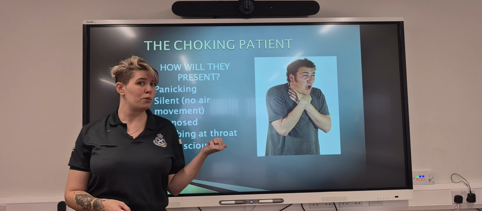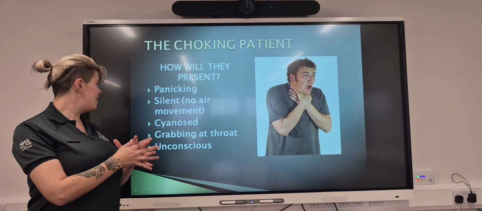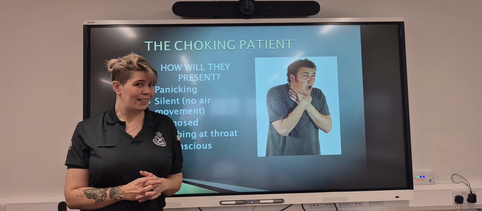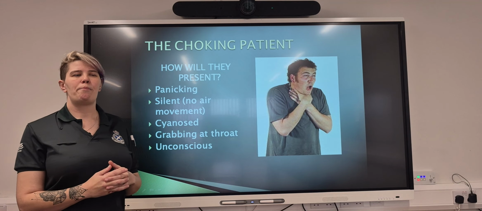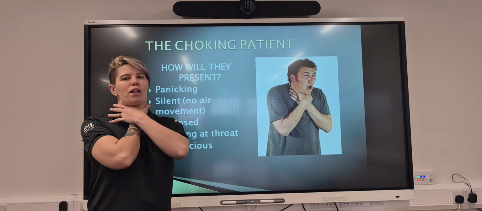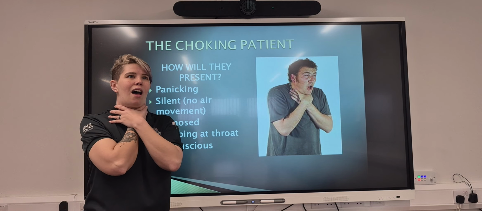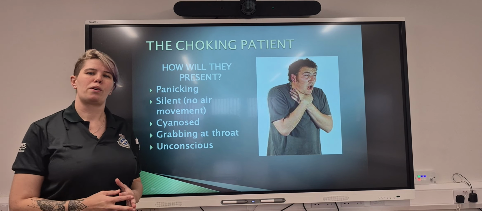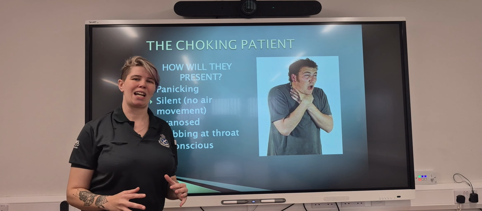They're going to turn blue very quickly. What you're going to hear, nothing. That no sound is very worrying sometimes. So if you walk in, you find someone that is grabbing at the throat and they're not able to speak to you, you're thinking choking patient. This is a very serious medical emergency which needs corrected ASAP.